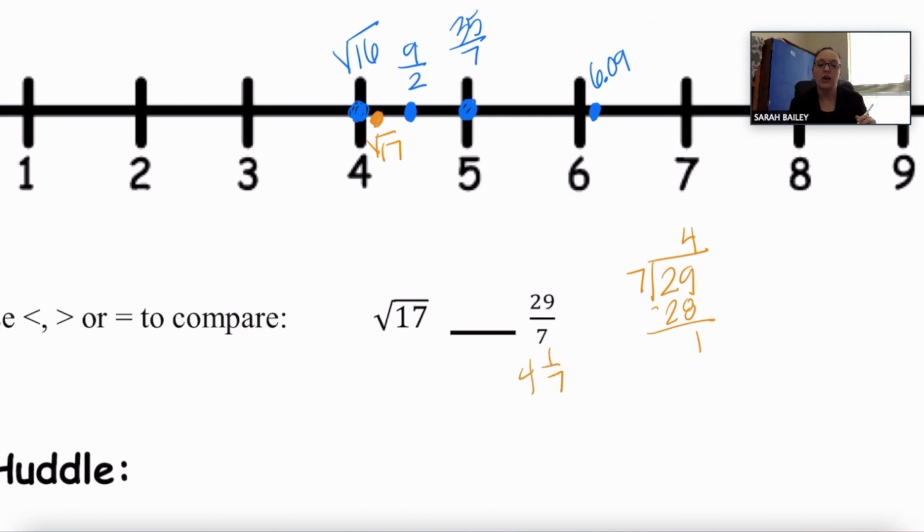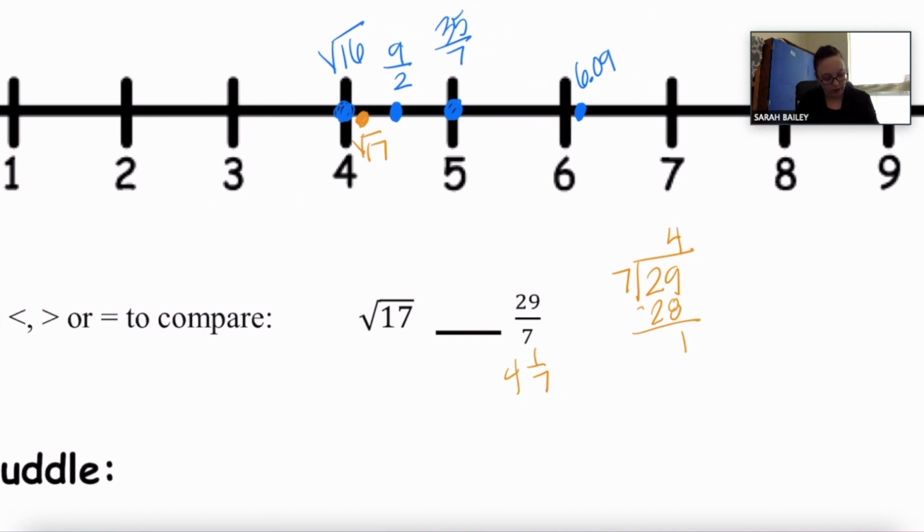Oh, tricky, tricky. So 29 sevenths is 4 and 1/7, and the square root of 17 is just a little bit higher than 4. So I actually probably do need to find a more appropriate approximation. So I'm going to type the square root of 17 into my calculator. Square root of 17, and that's about 4.123.